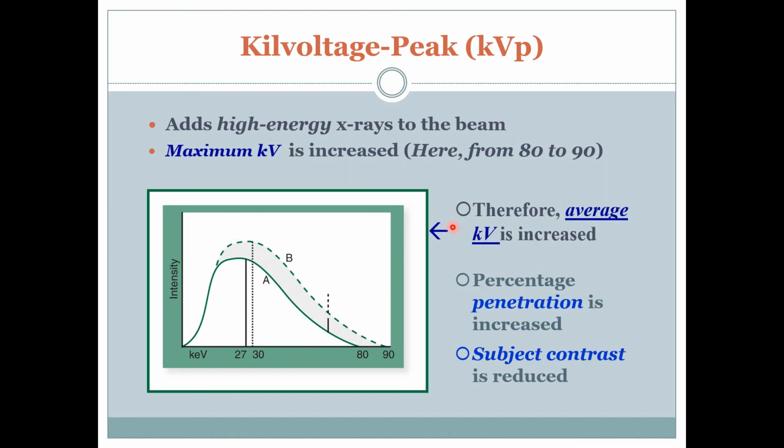The average kV is increased, the percentage of penetration is increased, and subject contrast is reduced. So you can associate high kVs with reduced subject contrast and low kVs with increased subject contrast. With regard to exposure, intensity goes up, so patient's exposure will go up as well.